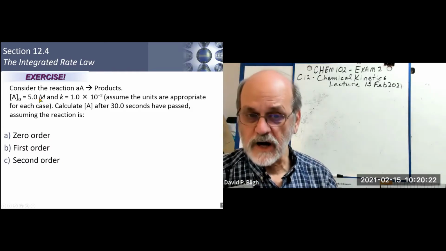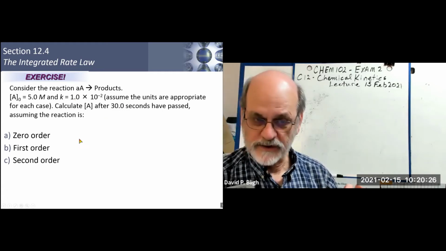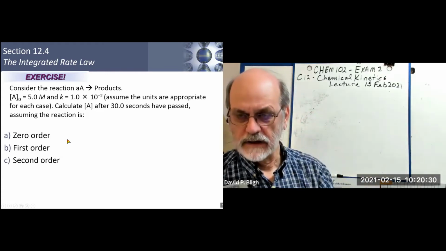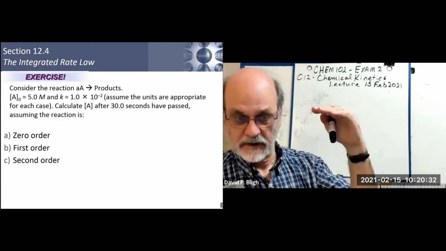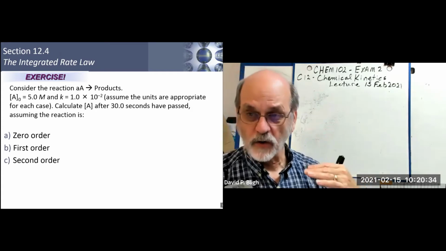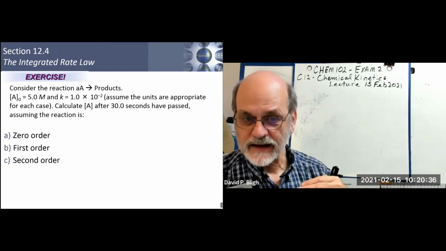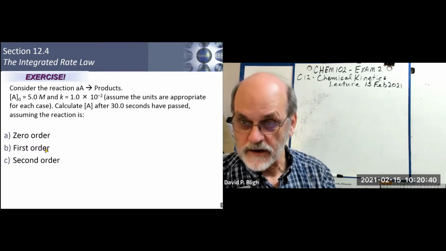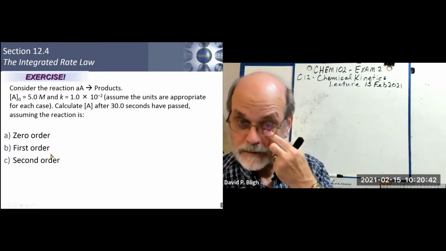Right? So we're given initial concentration and the K and the time. And we want to compare apples and apples: compare zero, first, and second order after 30 seconds. If it were 0 order, what would be the consequences? First order consequences, second order consequences.